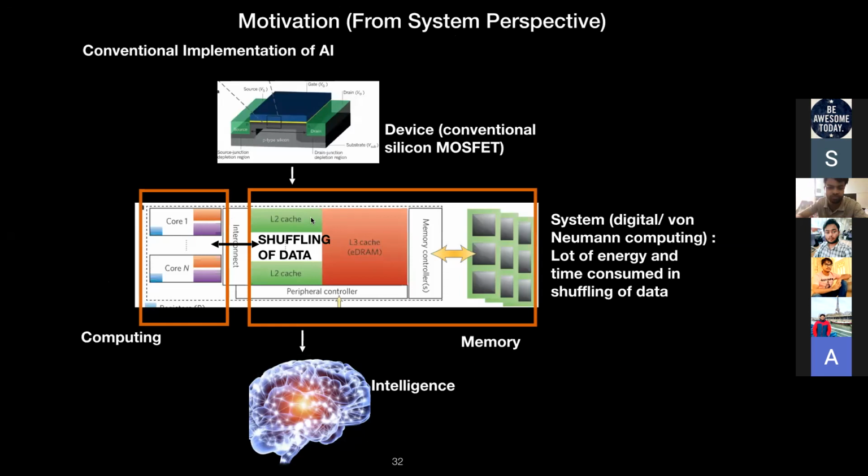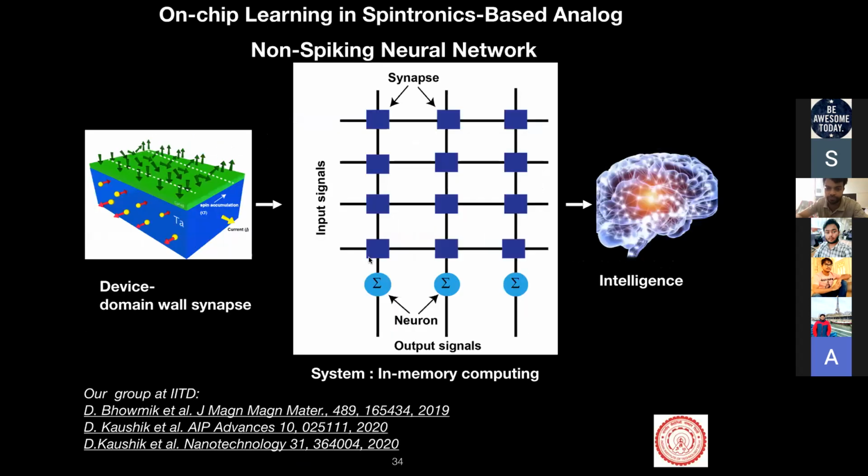So this continuous back and forth of weight values consumes a lot of energy and a lot of time. You can do away with it if you are using these crossbars, because your computing is happening in the crossbar and the update of the weight is happening in the device itself by tuning the conductances. Does it make sense? Yes, sir.